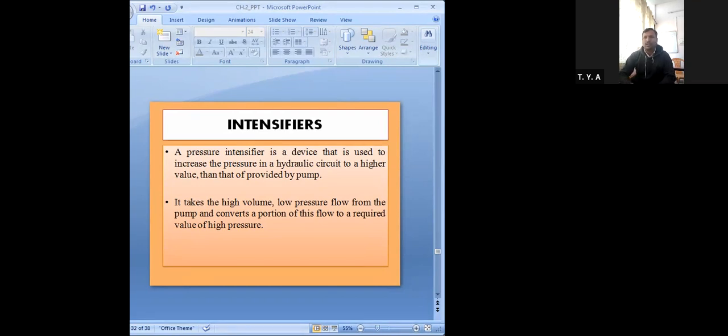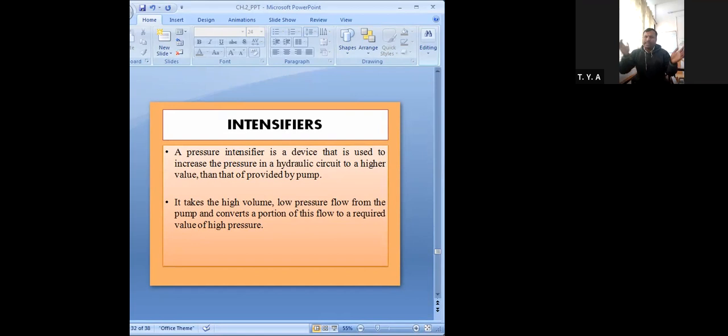Now, where can we place this intensifier? It is usually located in between your pump and the machine. Machine means your hydraulic press or the hydraulic crane lift.